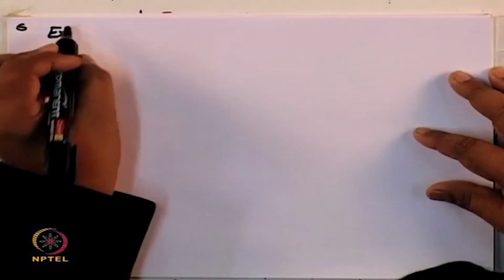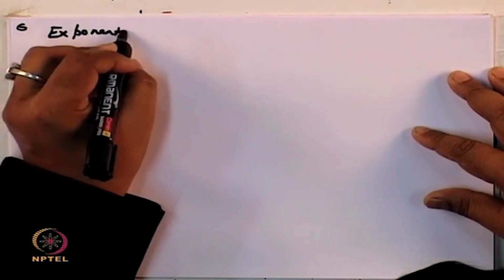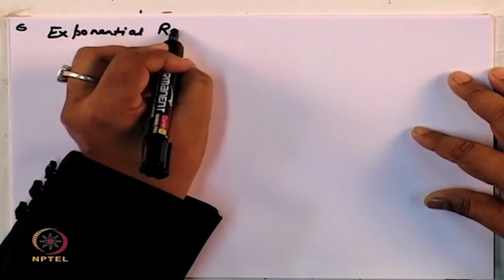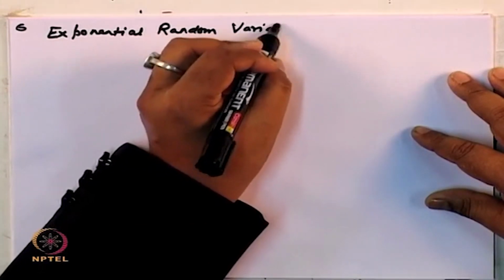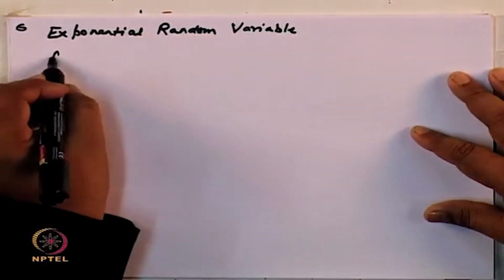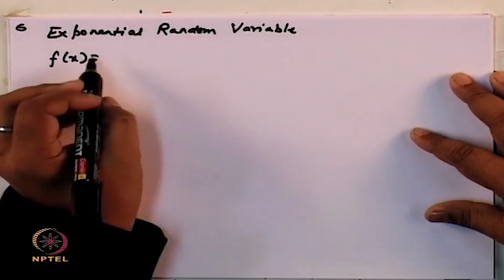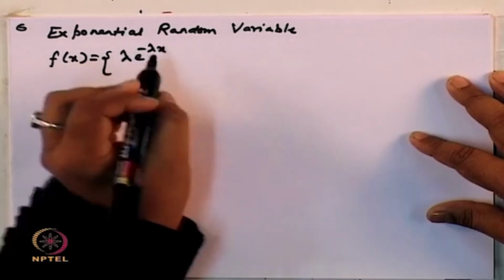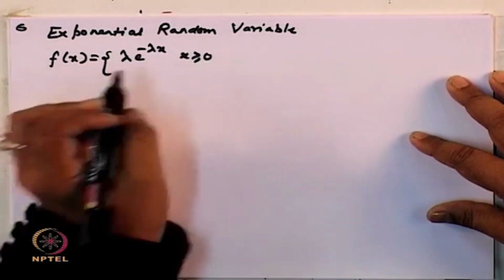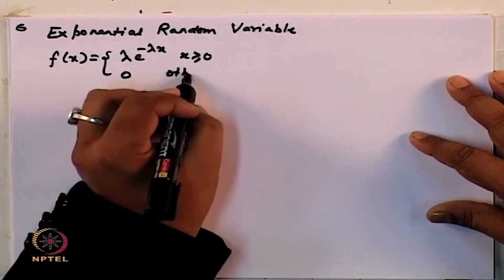I would like to discuss one more random variable, which is called an exponential random variable. For an exponential random variable, your f(x) is defined as lambda e to the power minus lambda x when x is greater than or equal to 0, and equal to 0 otherwise.